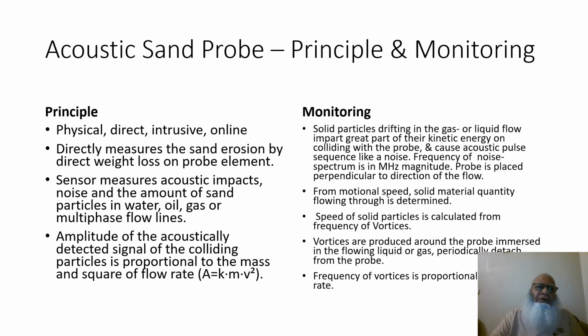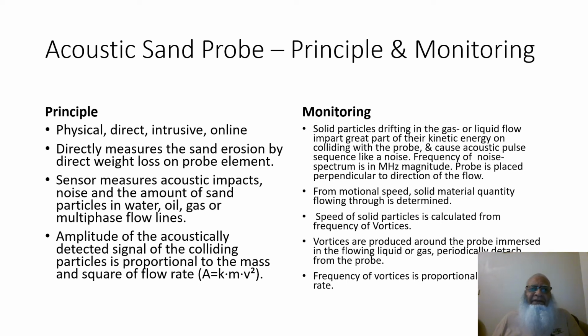This slide shows the acoustic sand probe principle and monitoring. Its principle is a physical, direct, intrusive online technique. It directly measures the sand erosion by direct weight loss on the probe element.